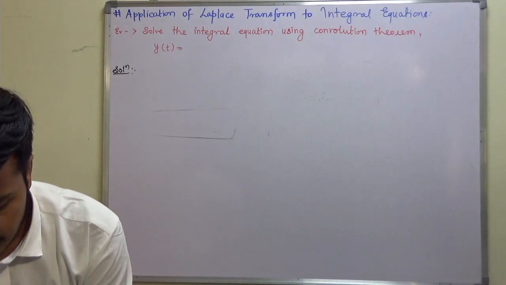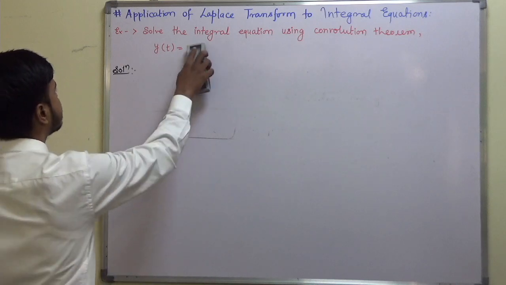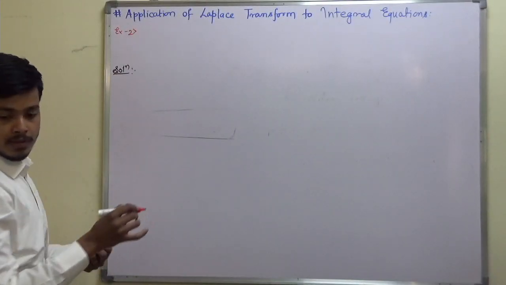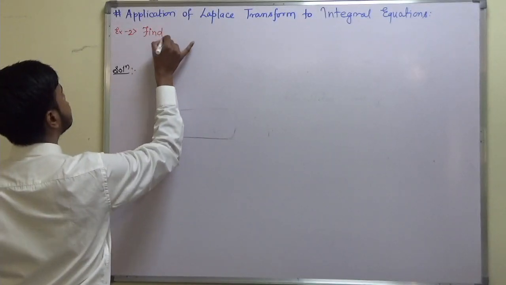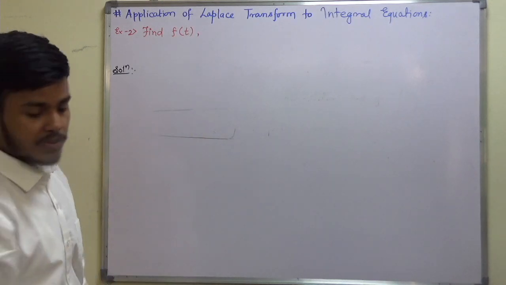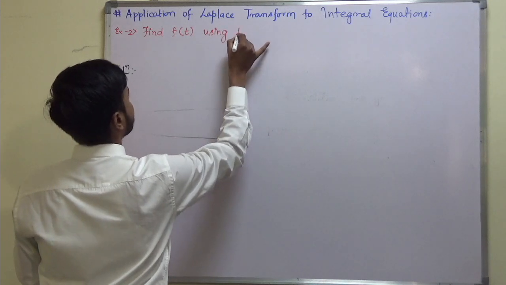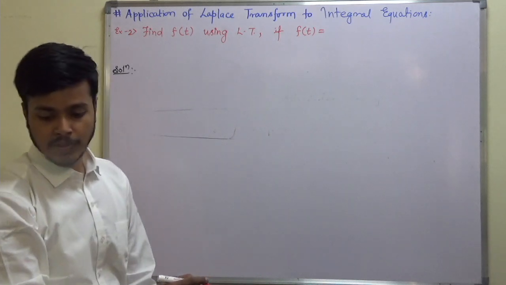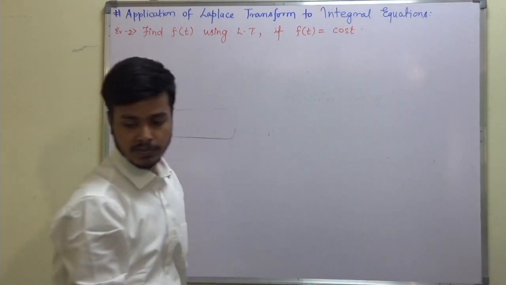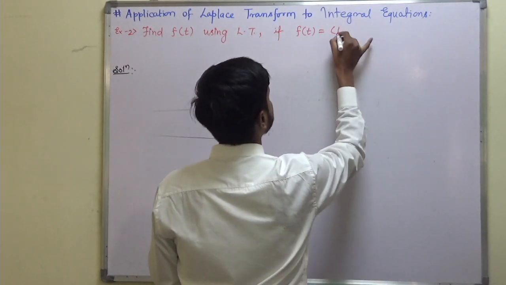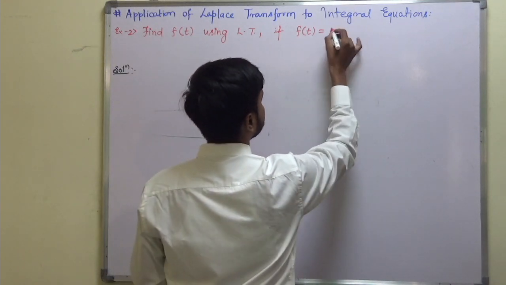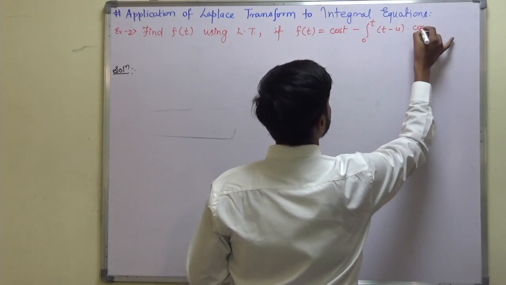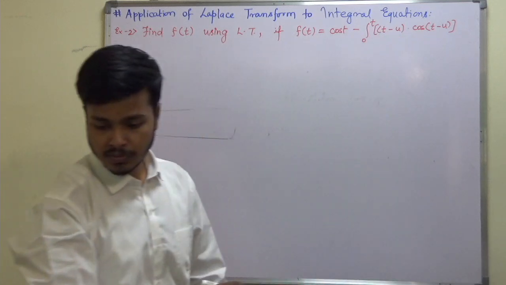So example number 2 is: find f of t using Laplace transform, if f of t is equal to cos t minus integration 0 to t of (t minus u) cos(t minus u) into f of u du.